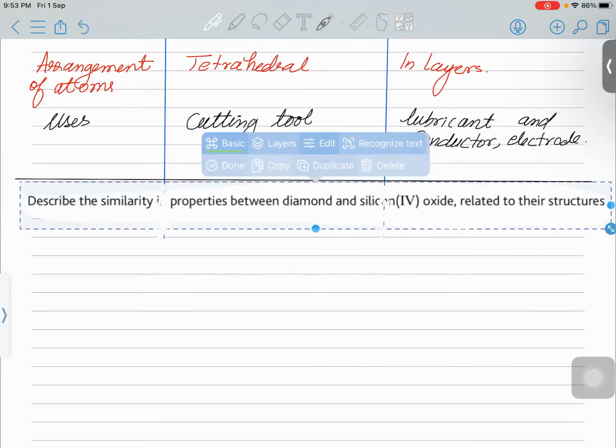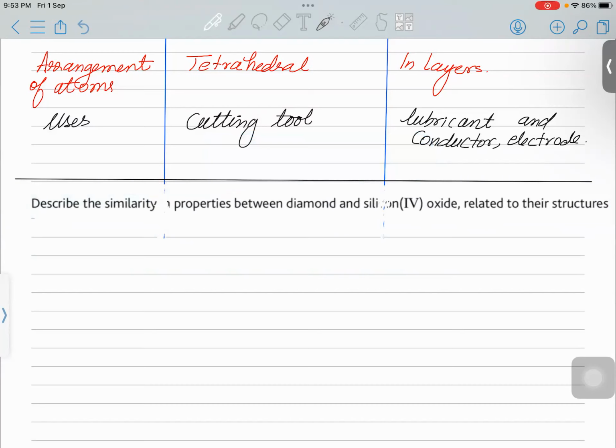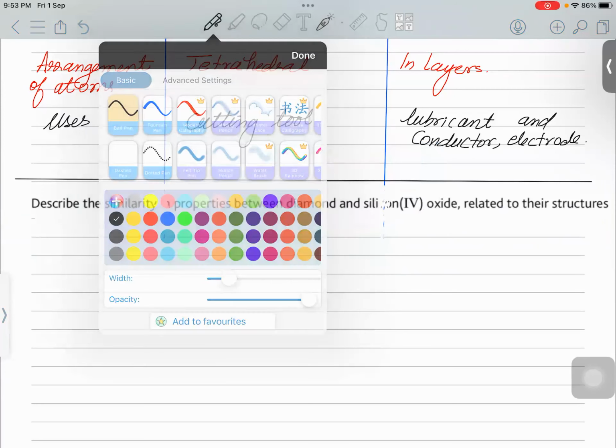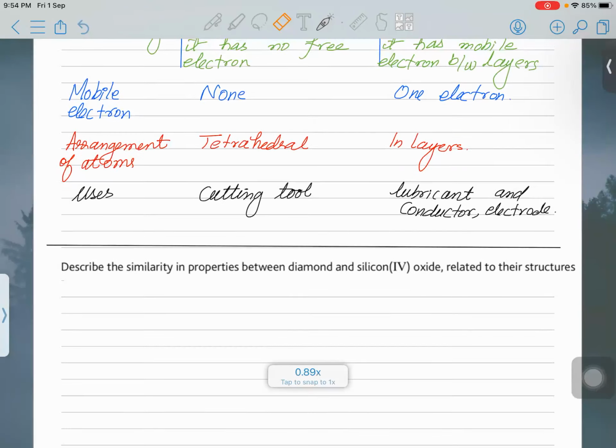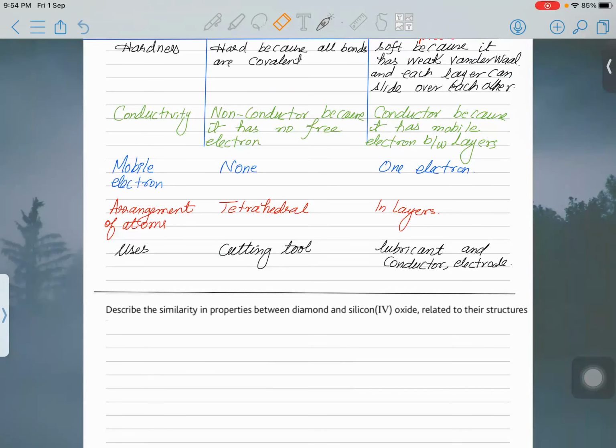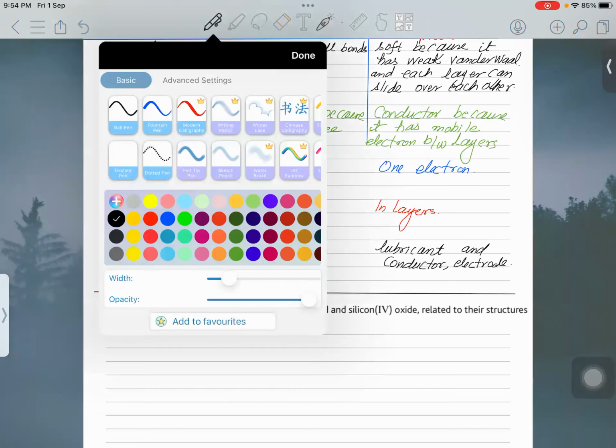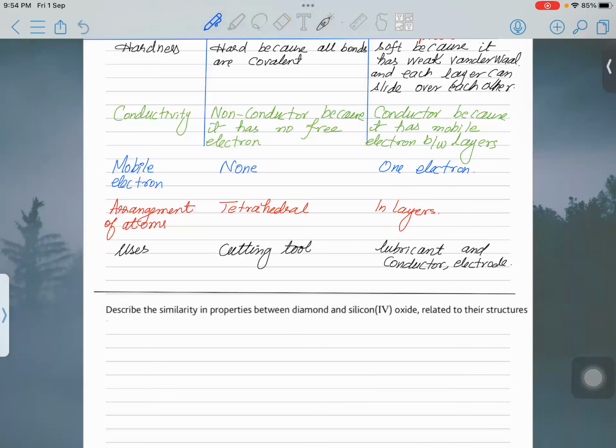Yes. This is our last topic, right? Last topic of this chapter. Describe the similarity in properties between diamond and silicon dioxide.